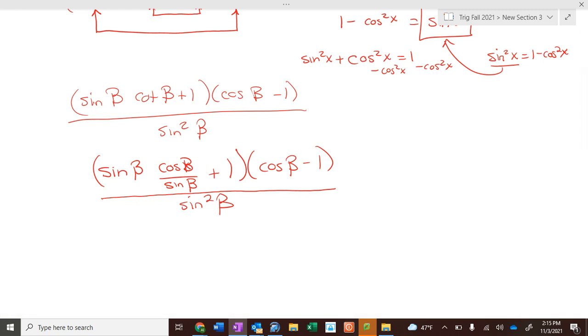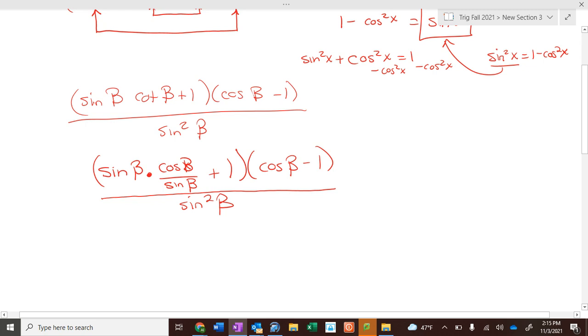Okay, in the numerator, what can I do? Multiply the denominator times what? Isn't this a multiplication problem?